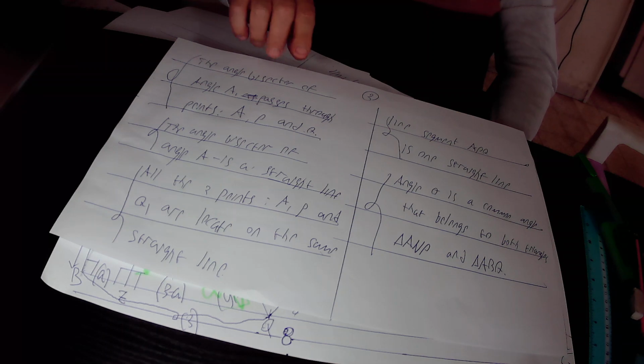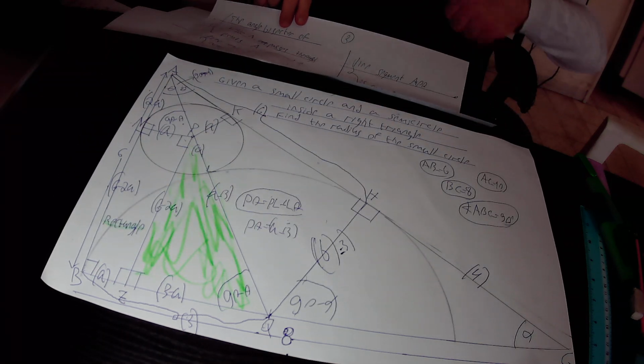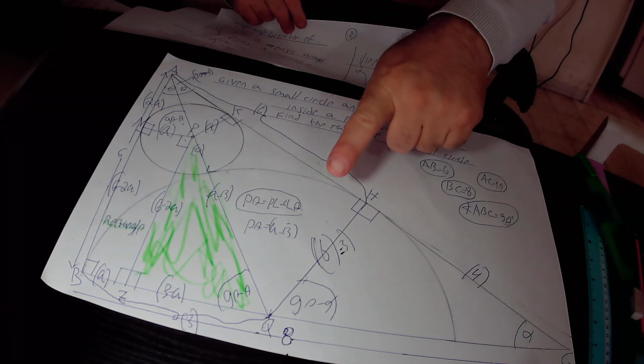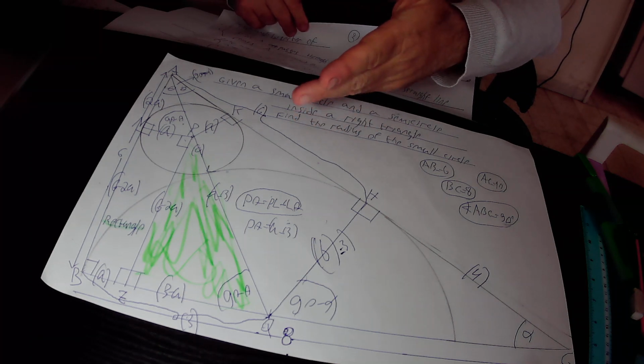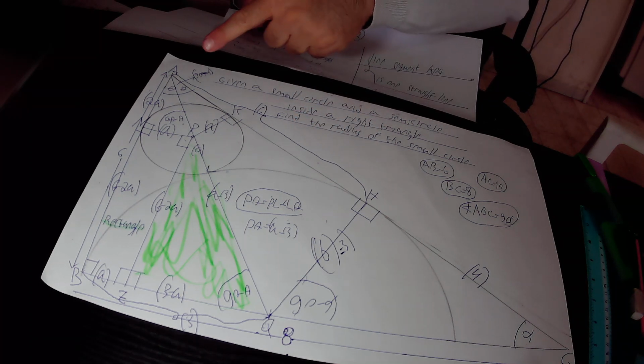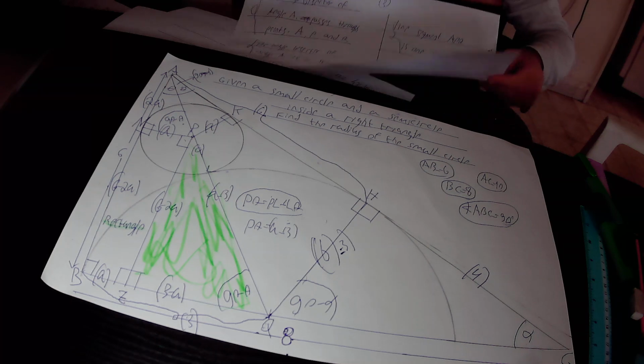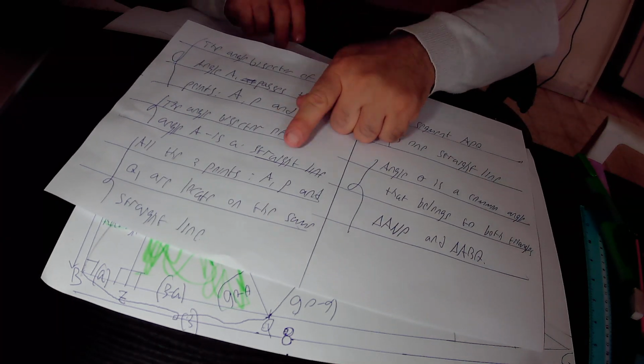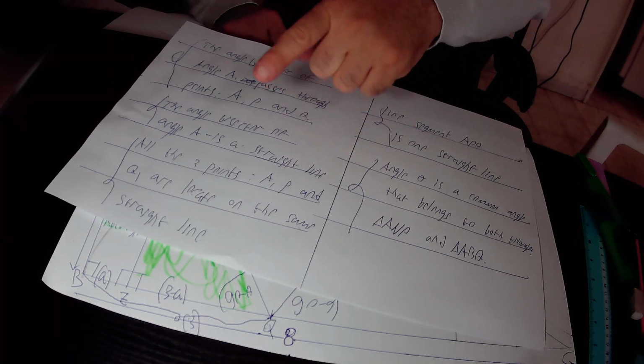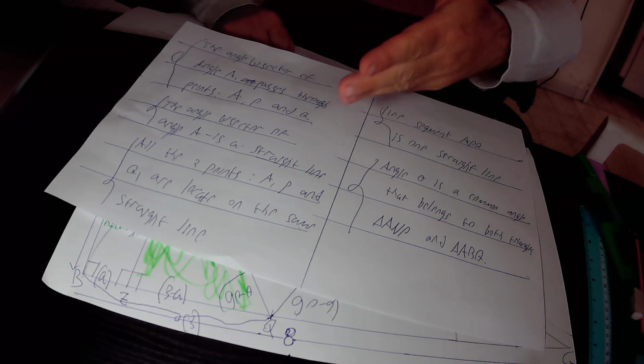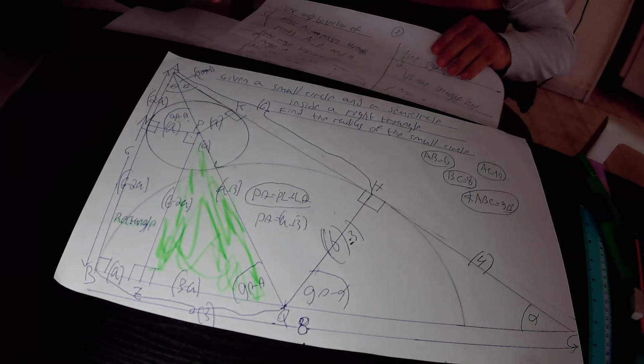Therefore, all three points A, P, and Q are located on the same straight line, and that straight line is the angle bisector of angle A.